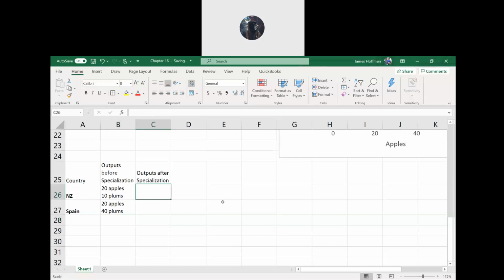So this was just given that we put here. New Zealand started with 20 apples and 10 plums. Spain started with 20 apples and 40 plums.